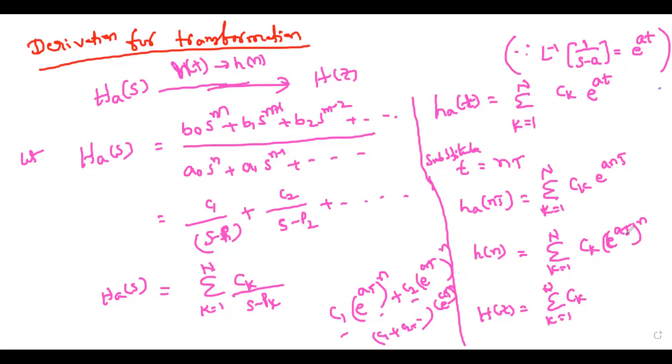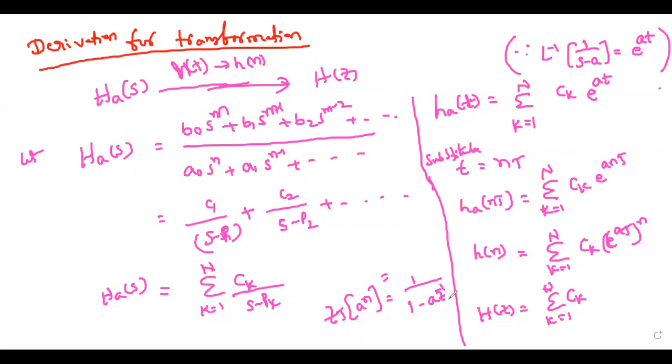Then what can you write? What is the Z transform of this? This is like a power n. What is the Z transform of a power n? The Z transform of a power n is equal to 1 by 1 minus a z power minus 1, right?